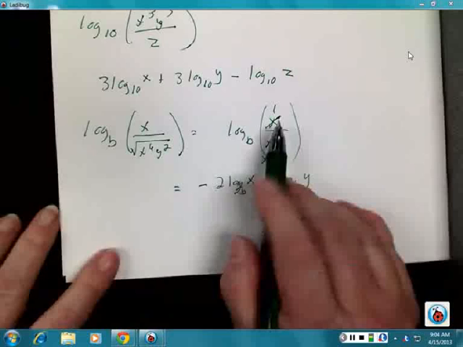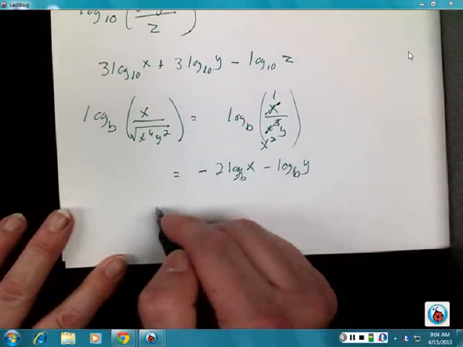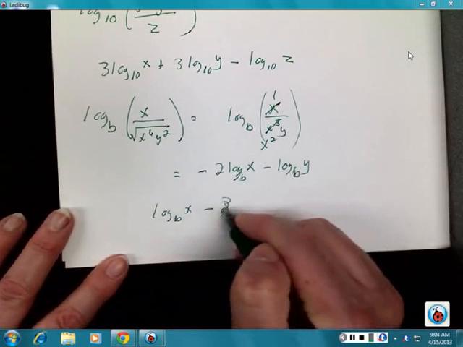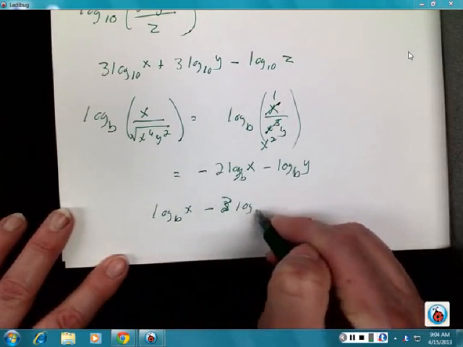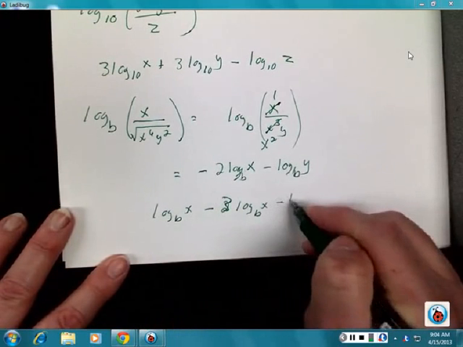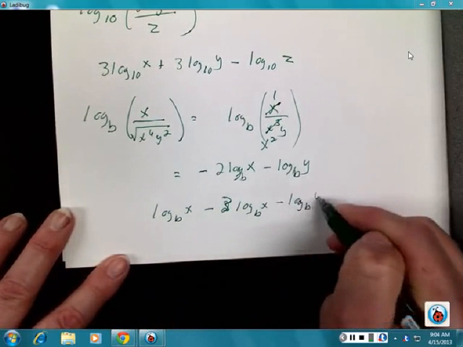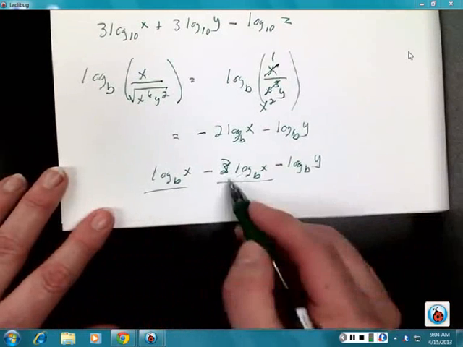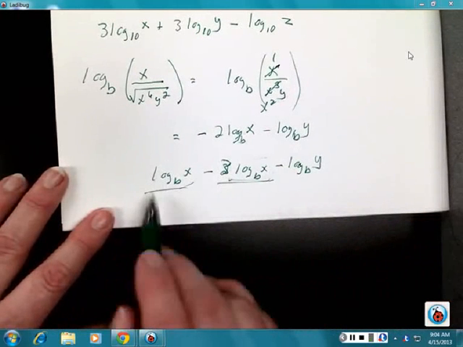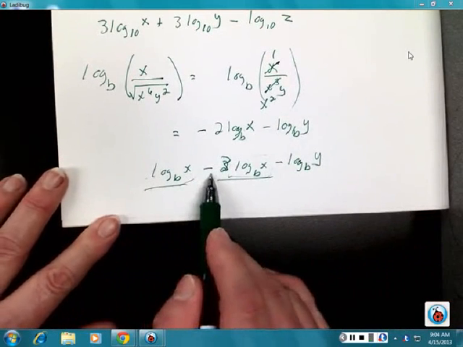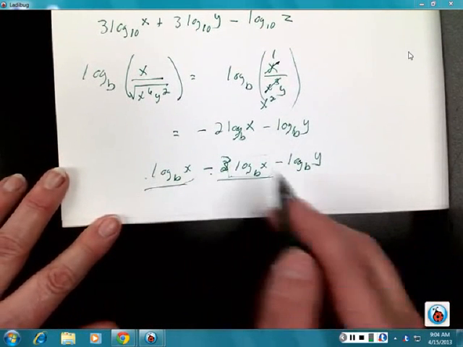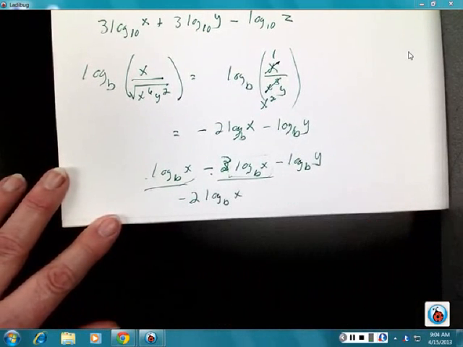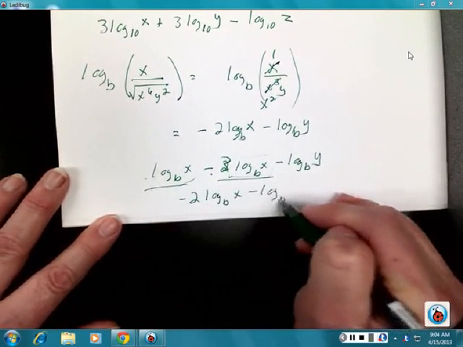If you left it in there, you would have log bx minus 3 log bx minus log by. But because these two match each other, notice this part matches, that means I can take 1 from 3, and if I subtract the 1 from the 3, that's where that negative 2 log bx comes in at, minus log by.